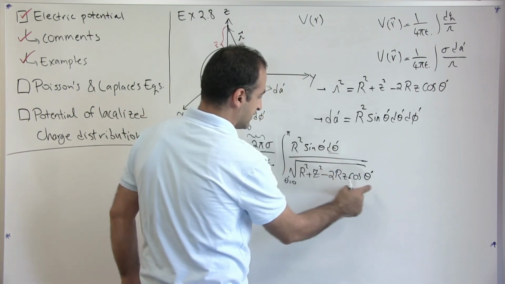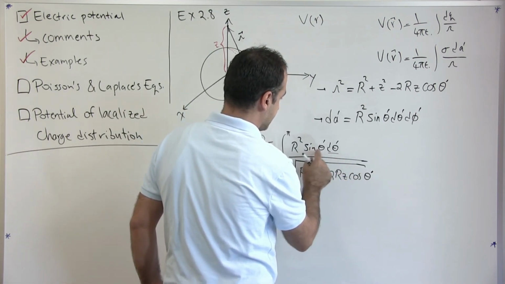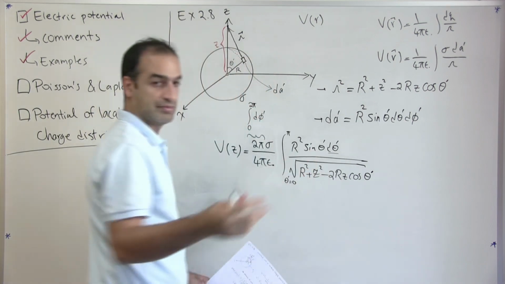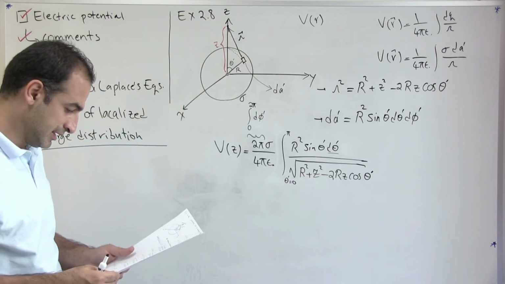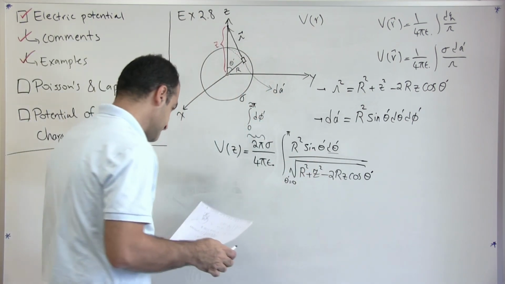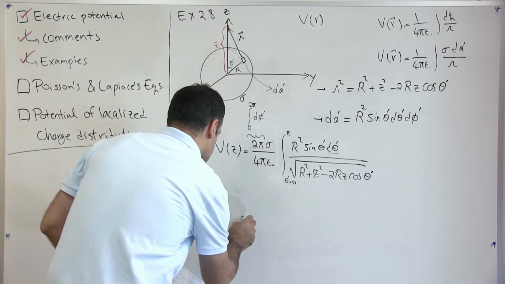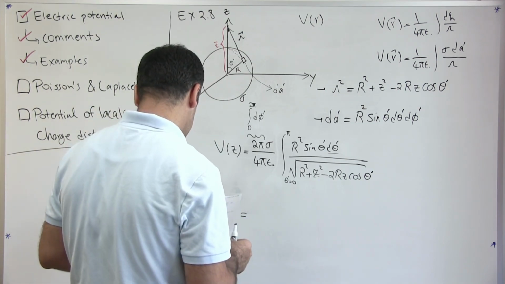So if the whole thing here, cos theta prime, is x, then sine theta prime d theta prime is proportional to dx. So with this combined, I can write the integral in terms of x.